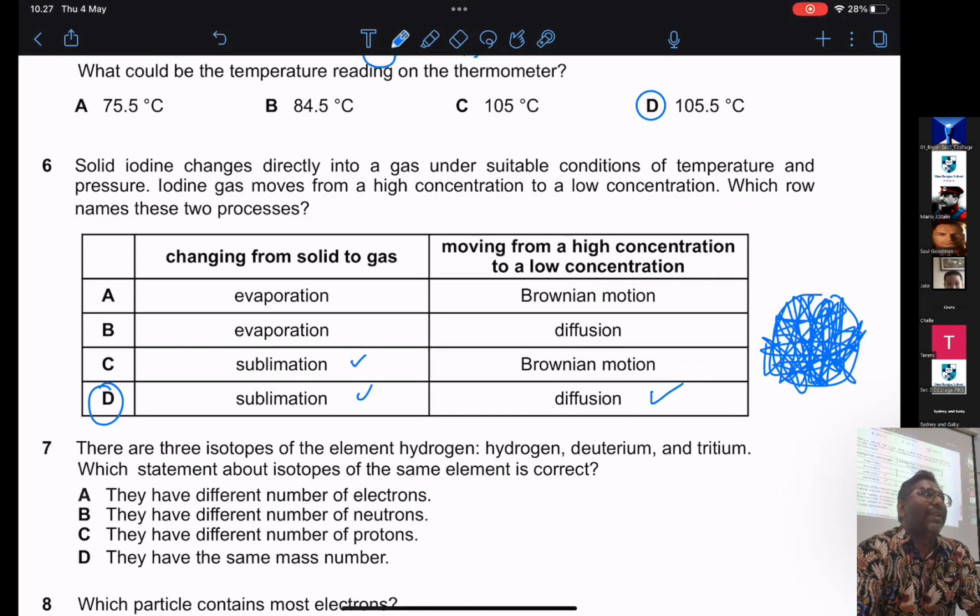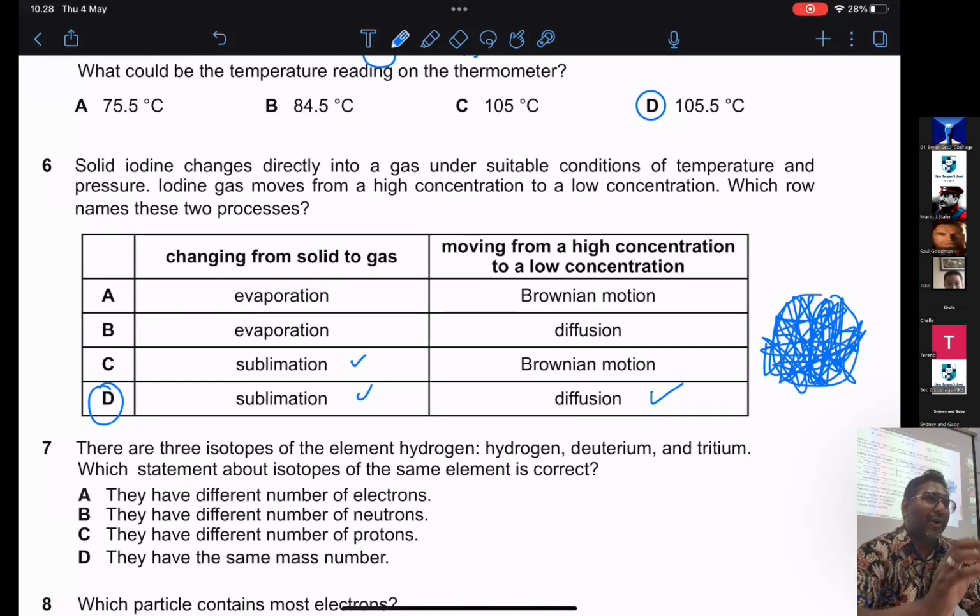What is Brownian motion? Brownian motion is random movement. When you have something, they move here, hit here, move here, move here. This is called Brownian motion, irregular, random motion. The term Brownian motion was discovered by Brown.